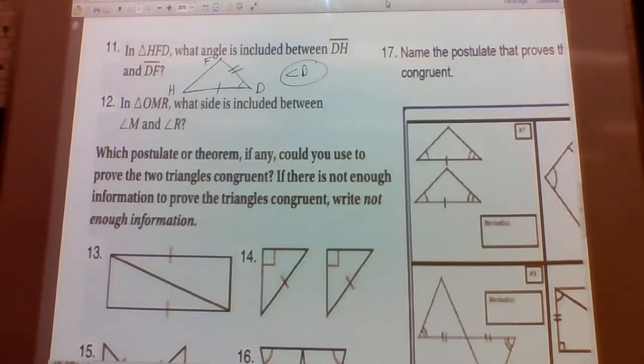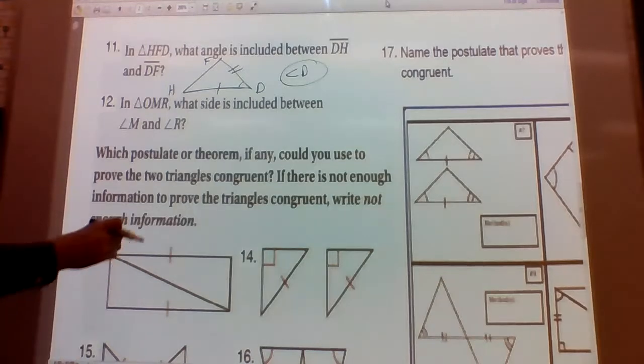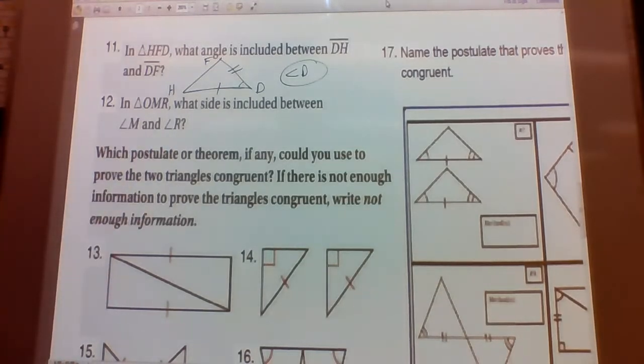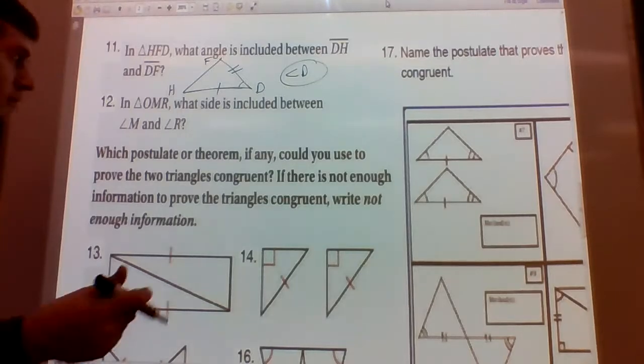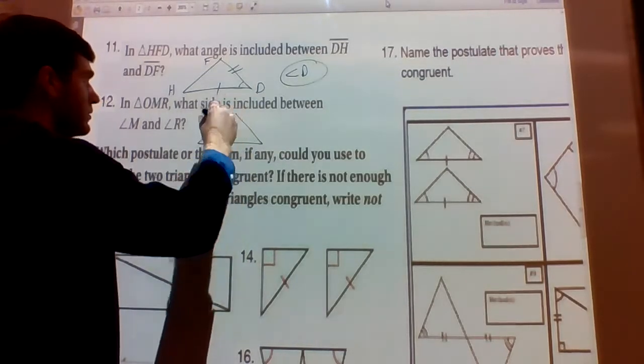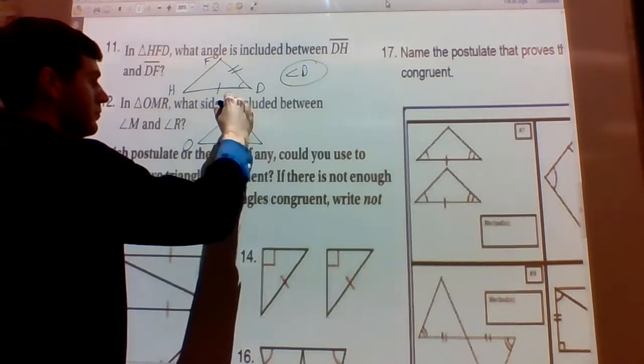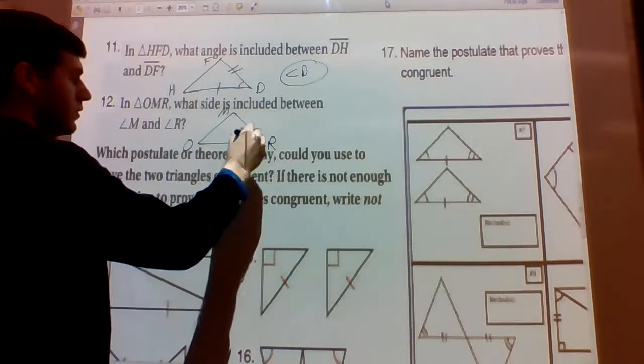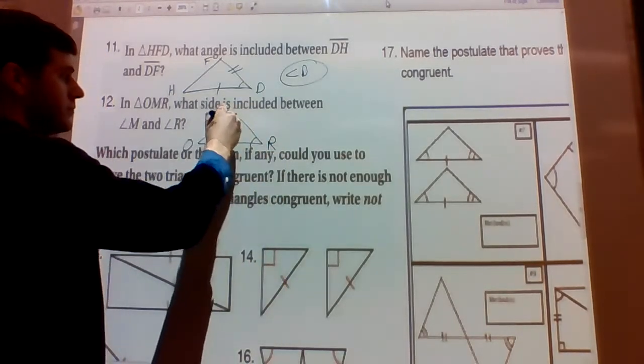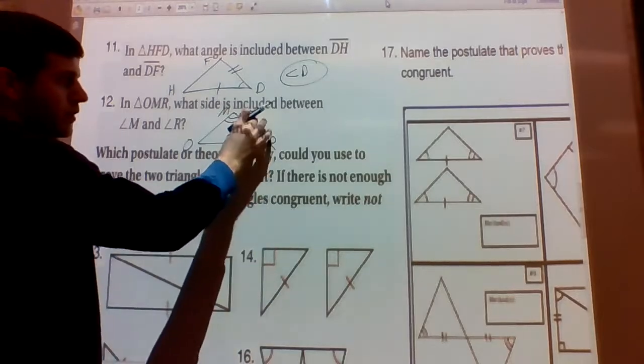Okay. In triangle OMR, what is the included side between angle M and angle R? So again, it's probably difficult to look at and determine. So let's draw it. Makes the problem much easier. O, M, R. Here's angle R. Here's angle M. What side's between those two angles?